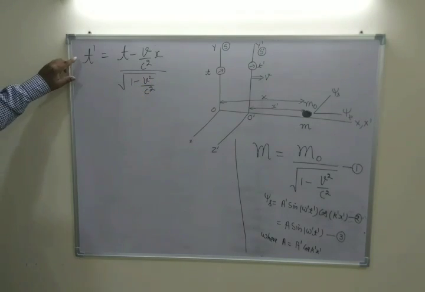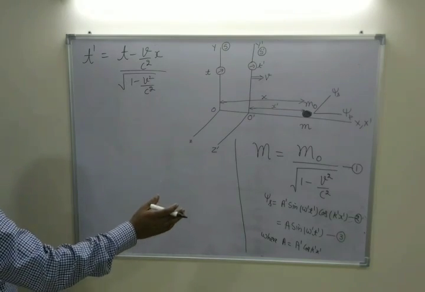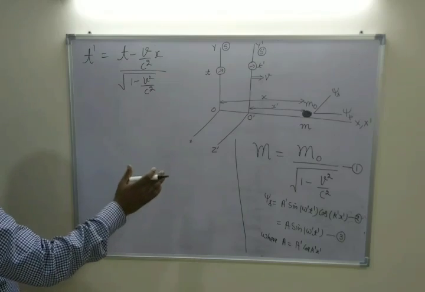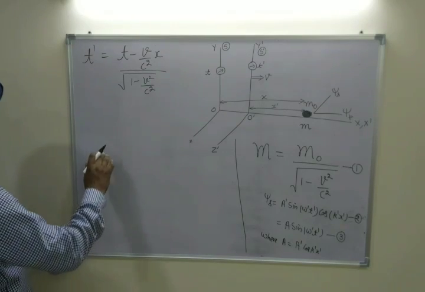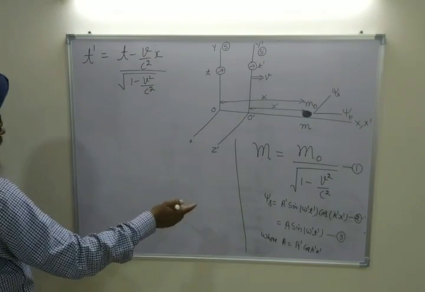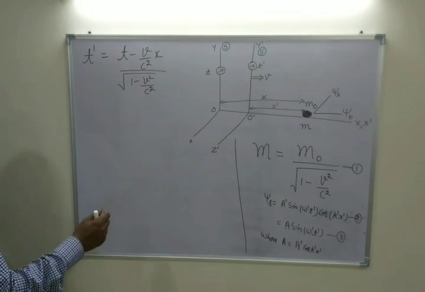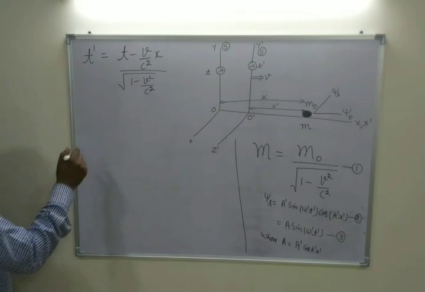If I put this value of t dash in equation 3, then our wave function will transform from S dash frame to S frame. So I would leave this subscript S, because now the wave function has been transformed from S dash to S.